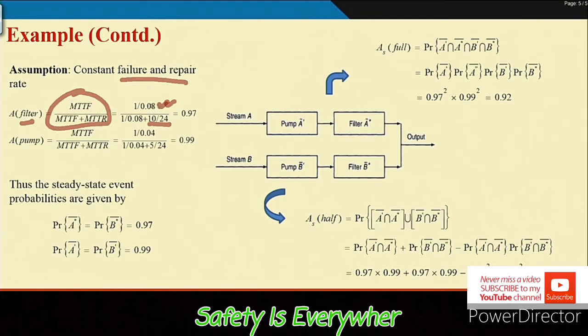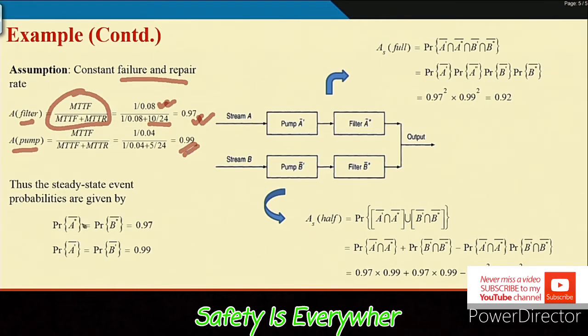We have converted everything in terms of day, and then you get the availability for filter as 0.97. Please remember that both the filters are identical, so the availability is also identical, 0.97. In the same manner, availability of each pump is 0.99.